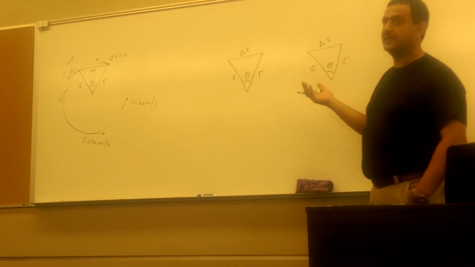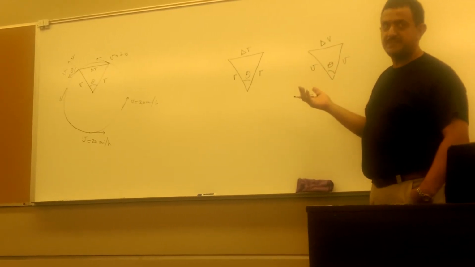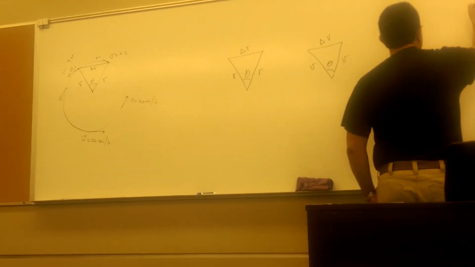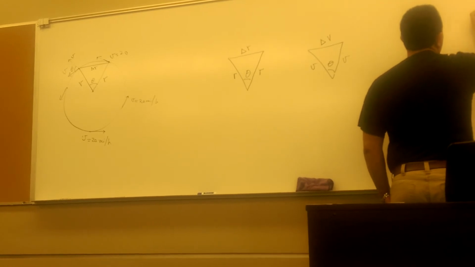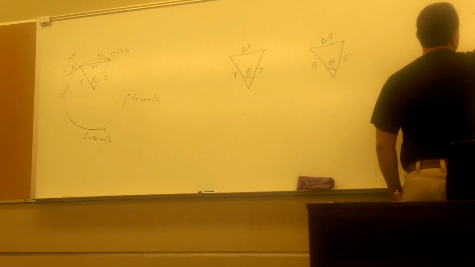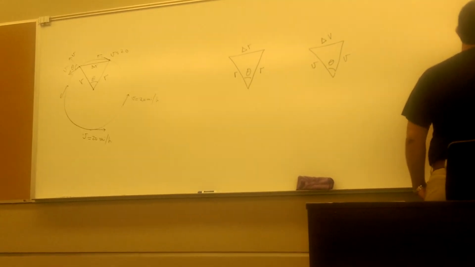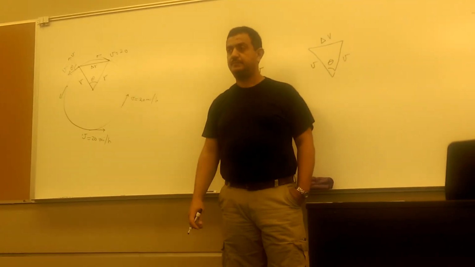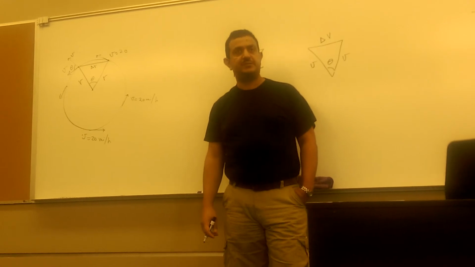Right? Does it? It does. So that's what we call similar triangles. So delta r over r will equal delta v over v. So far, so good?